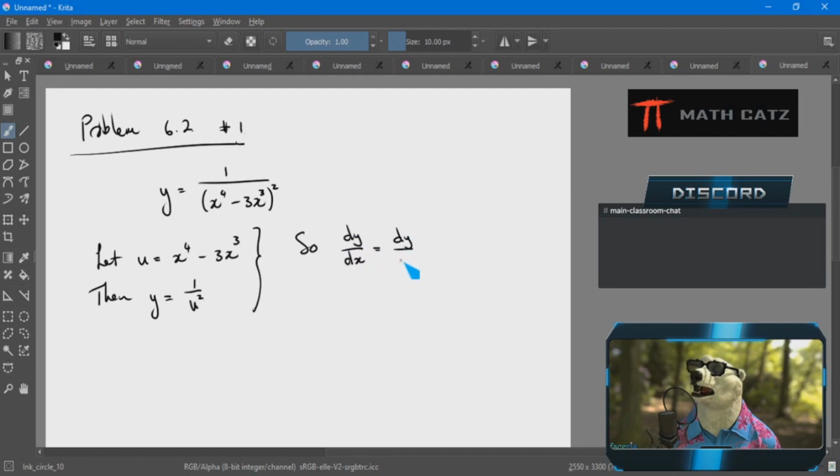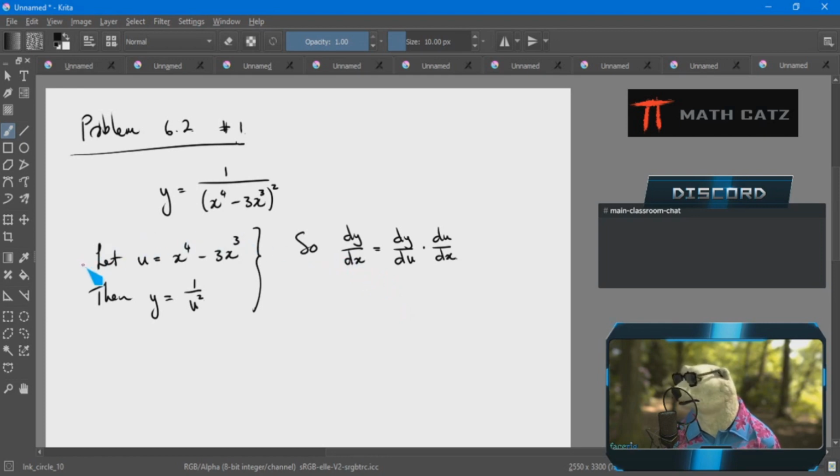That helps me set it up. It's the derivative of the outside of the function with respect to the temporary variable times the derivative of that temporary inside function that we call u, to make things easier for ourselves.